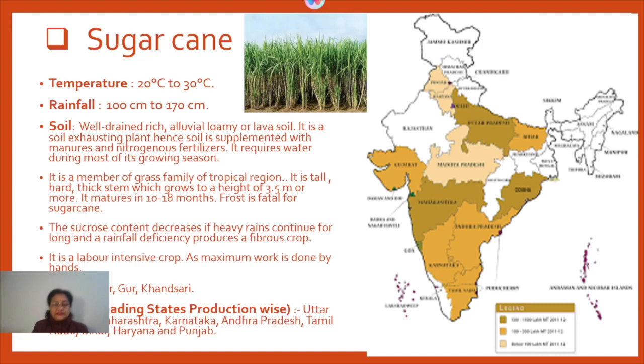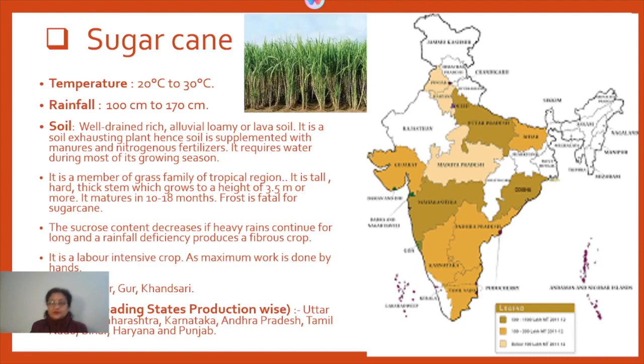It is called an annual crop, or you can say it takes almost 1 year or 1.5 years, almost 10 months to 18-19 months to grow. So this is a crop which is important in India.